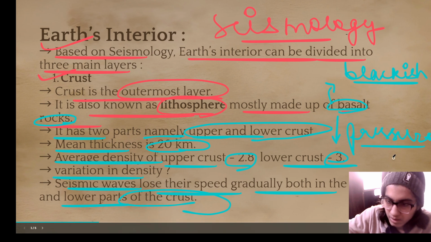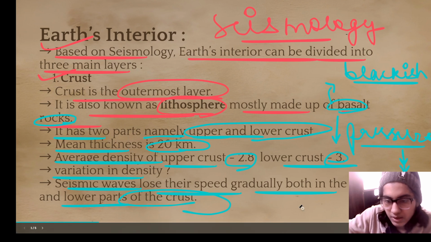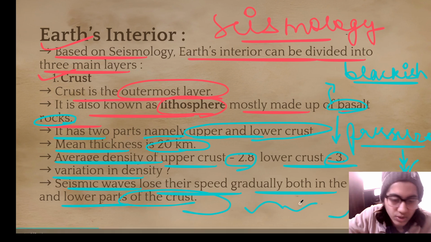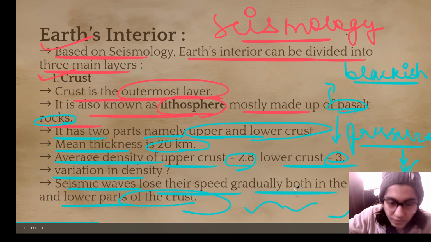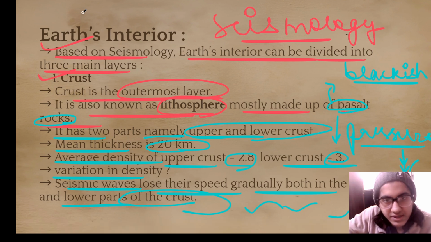The particles push each other much faster, and because of that the waves travel faster. But if the medium is not much denser, the particles don't push each other that fast, and this leads to the slowdown of the waves. So yes, the crust is not much denser than the upcoming layers that we are going to study.